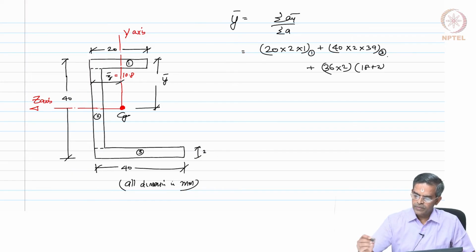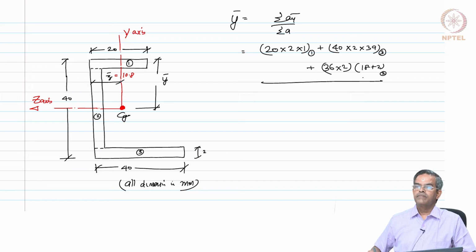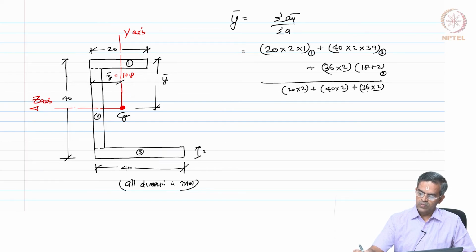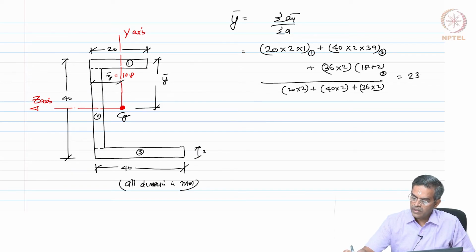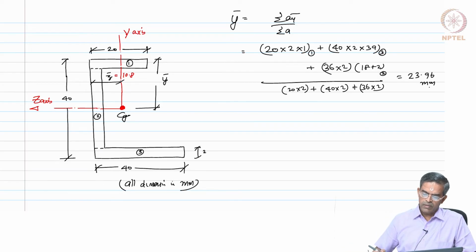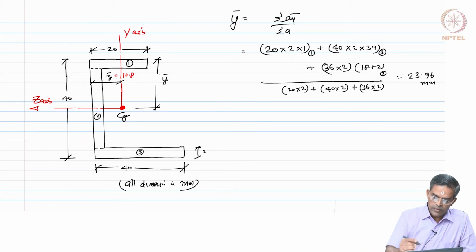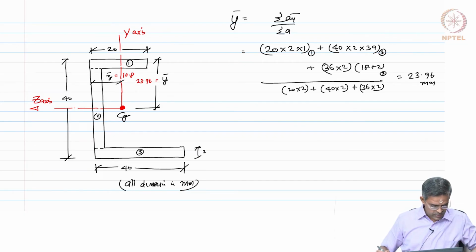Am I right? This is for piece number 2, divided by 20 into 2 plus 40 into 2 plus 36 into 2, which will give me y bar as 23.96 millimeters. So, let me mark this value as 23.96.